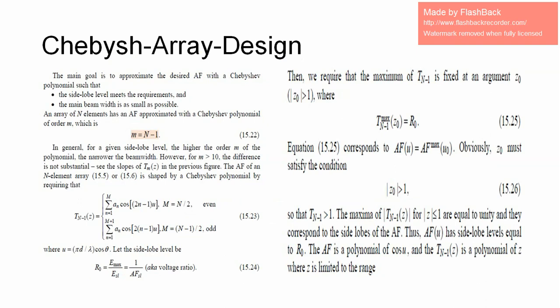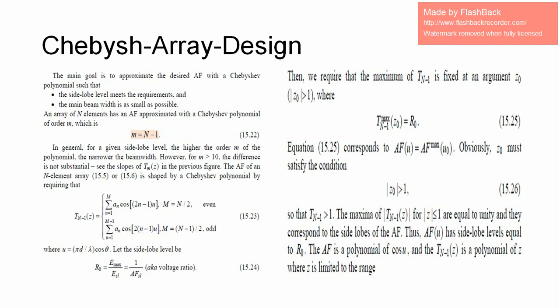Then for the Chebyshev array design, the main goal is to approximate the desired array factor with the Chebyshev polynomial such that the side lobe level meets the requirement and the main beam width is as small as possible. Once again, I repeat why we design the Chebyshev array: the main goal is to approximate the desired array factor with the Chebyshev polynomial such that the side lobe level meets the requirement and the main beam width is as small as possible.